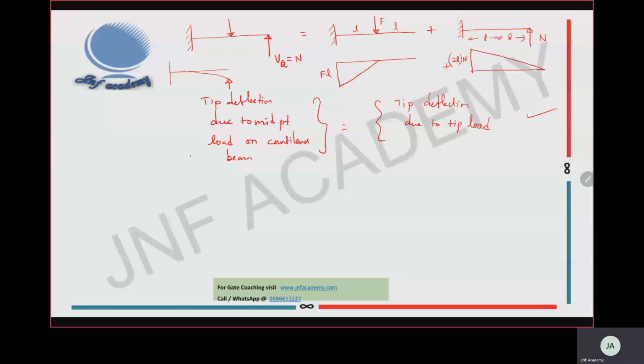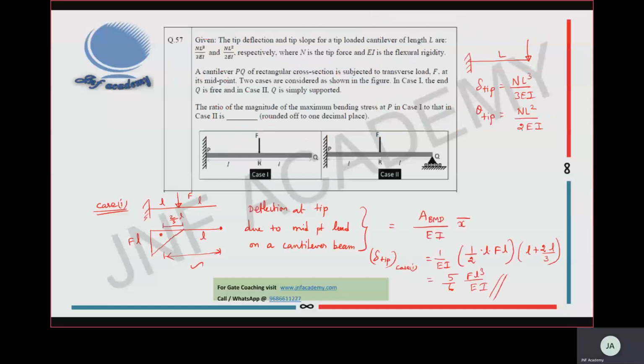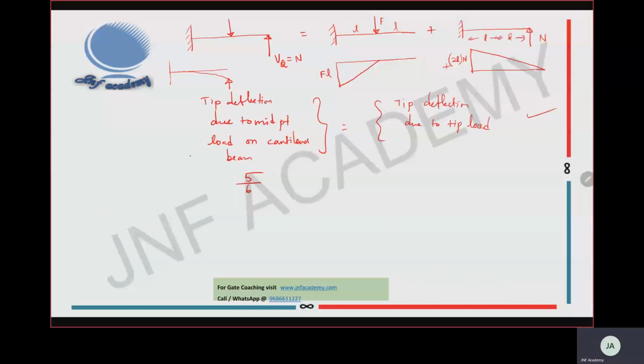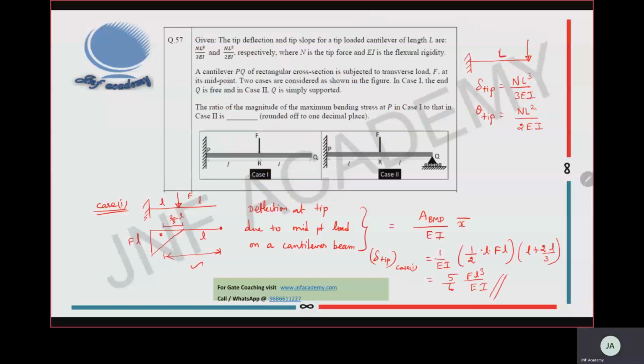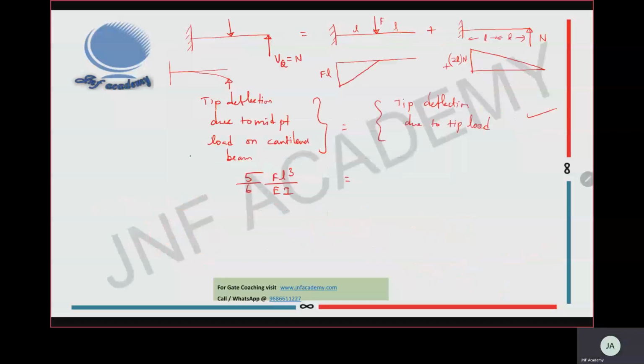Already we have a relation for tip deflection due to midpoint load, that is 5 by 6 FL cube by EI. Then for the tip load, NL cube by 3EI, that is for an L length beam. Please listen, this is very important. Here the tip load is given for length L, but in our case we have 2 times L. So N into 2L cube by 3EI.